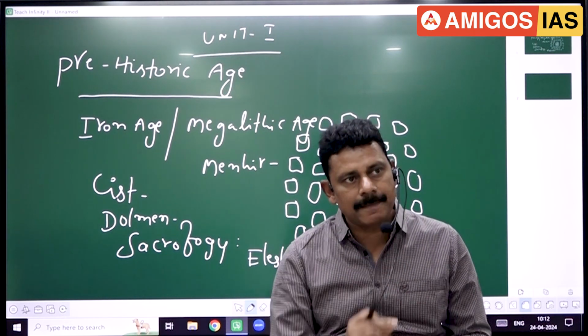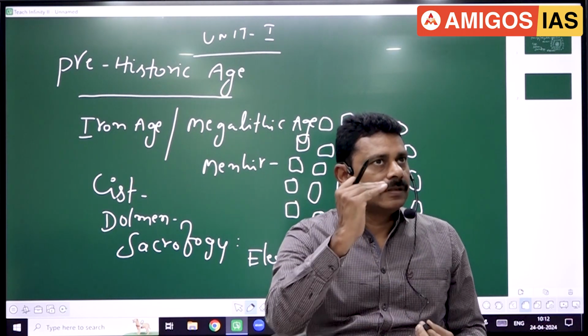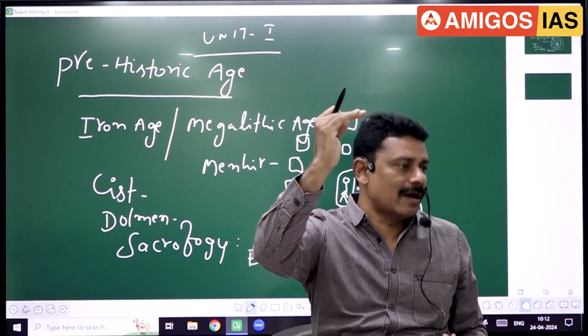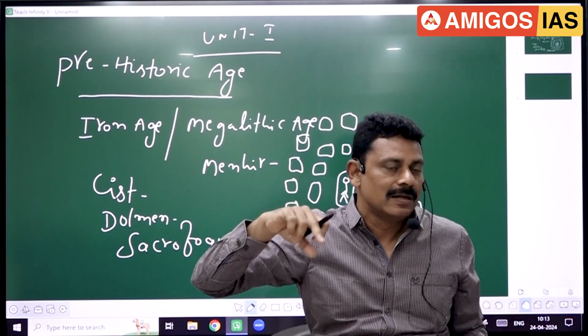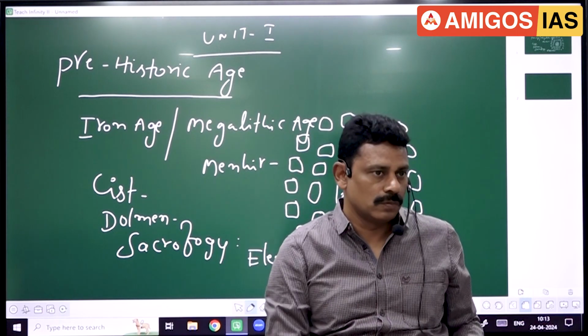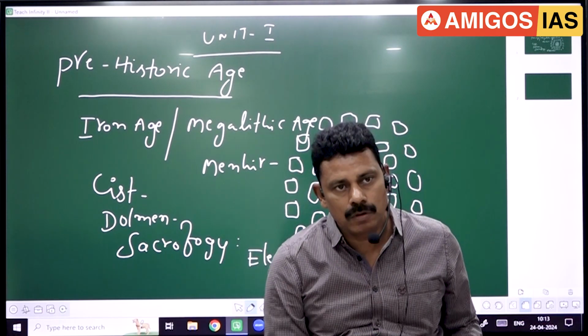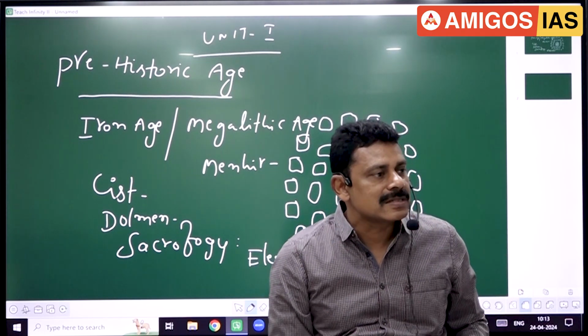Whereas in some parts of Rayalaseema and the adjacent areas of Tamil Nadu, including Tamil Nadu, they were referred to as Veera Gullu. And the most popular term throughout Andhra was Rakshasa Gullu.